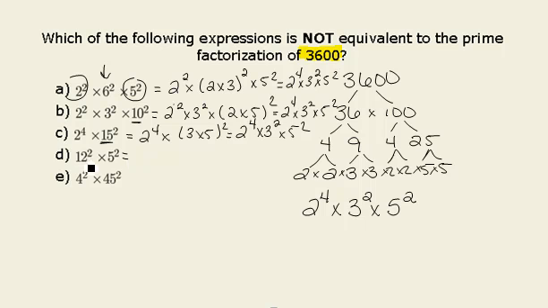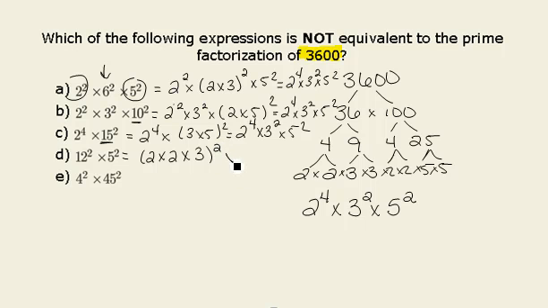Looking at our last two, we see we have 12 squared times 5 squared, and we can break 12 apart into its prime factorization of 2 times 2 times 3, since 2 times 2 is 4, and 4 times 3 gives us 12.